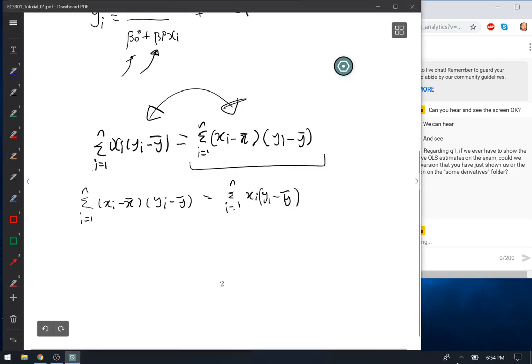This is just this bit here. So of course the next term is going to have to equal 0 if these two sides are equal.